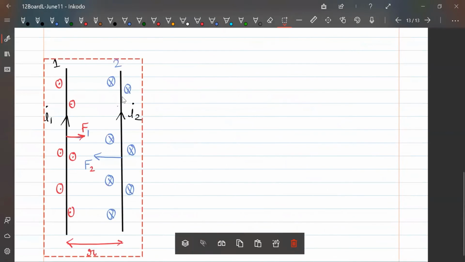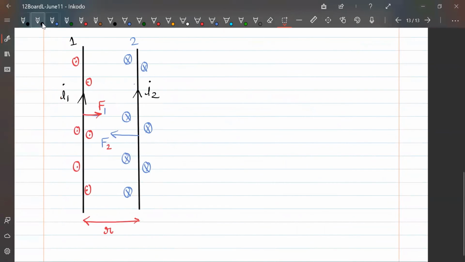In the second case, let us say the two wires carry current in anti-parallel direction. So the first wire has current I1 in the upward direction, and the second wire has current I2 in the downward direction.